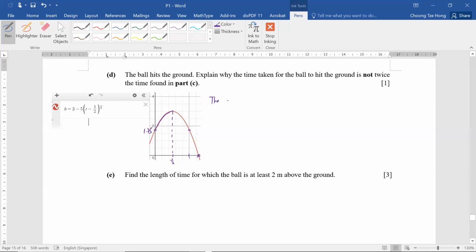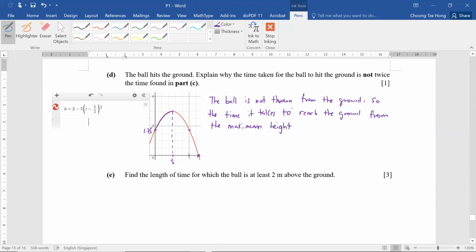I'll write something like this: the ball is not thrown from the ground, so the time it takes to reach the ground from the maximum height will be more than half a second.